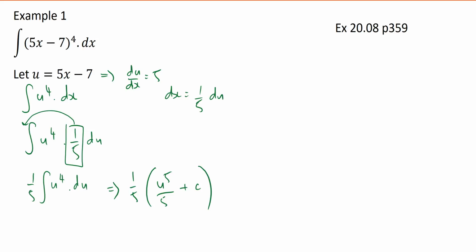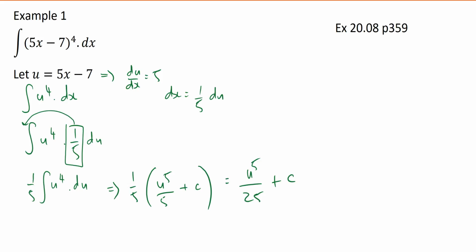So this is u to the power of 5 over 25 plus c. Do we need to make it a fifth of c? Why? C is just some constant, it doesn't even matter what it is.